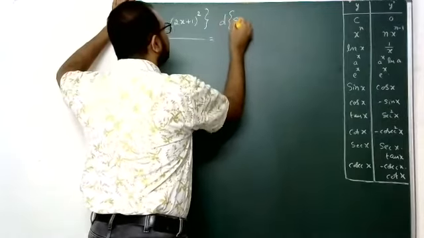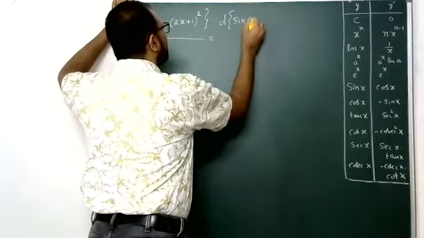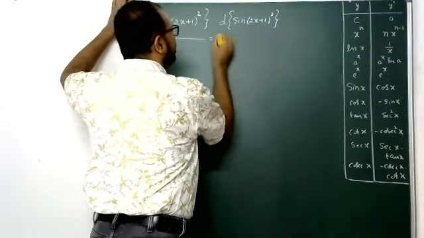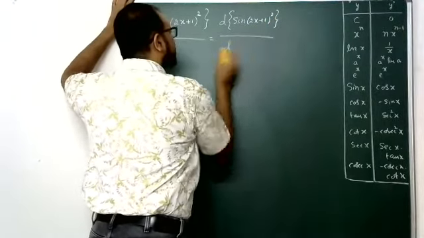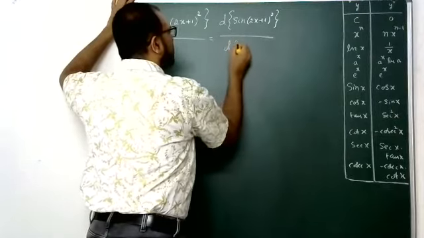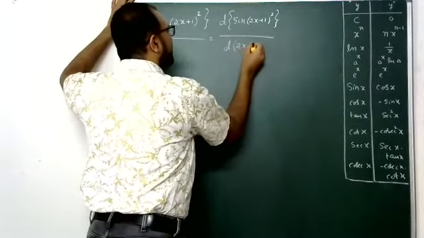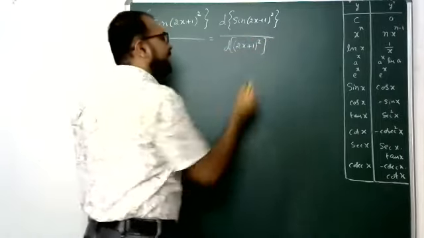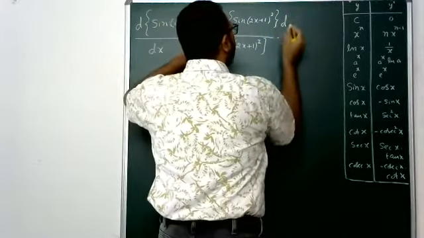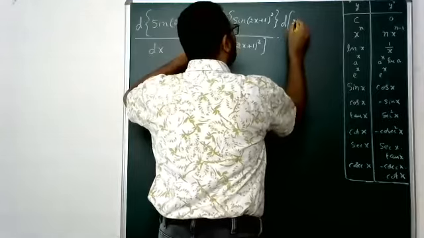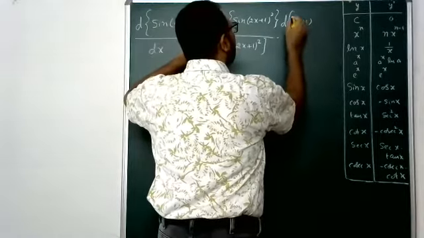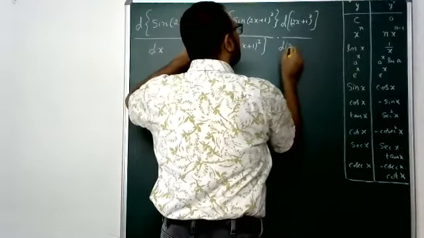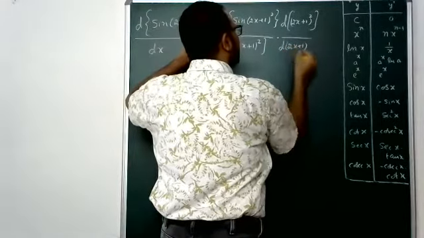Derivative of sine of 2x plus 1 whole square with respect to 2x plus 1 whole square, into derivative of 2x plus 1 whole square with respect to 2x plus 1.